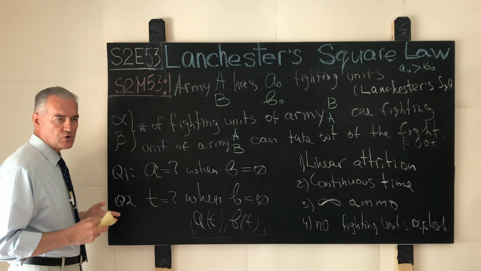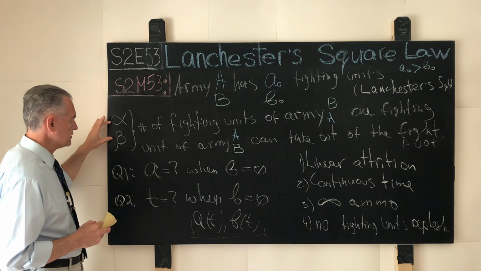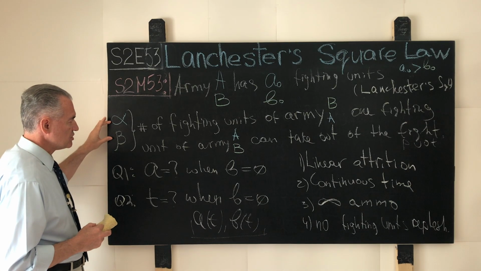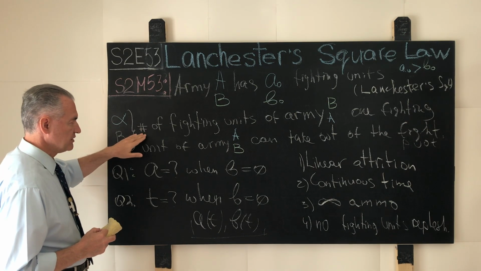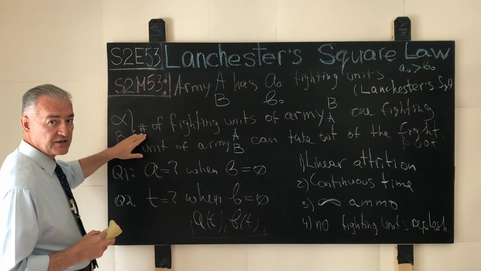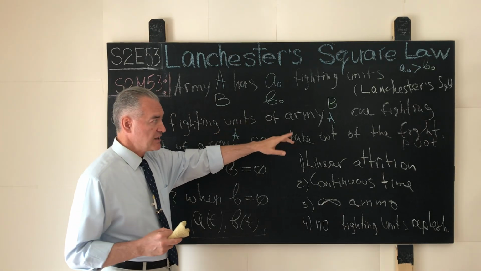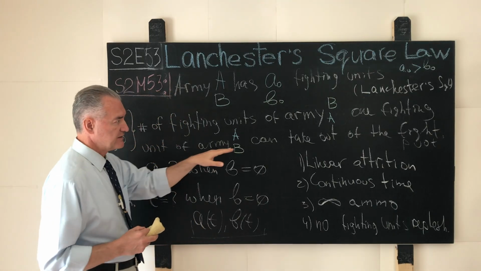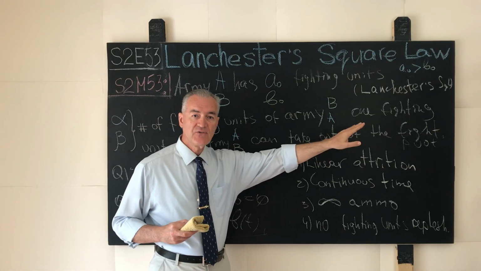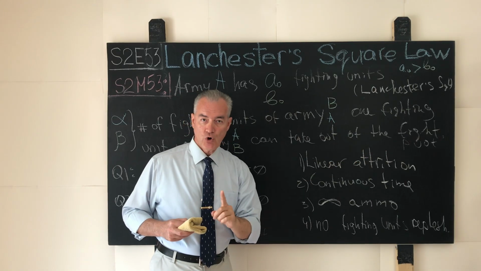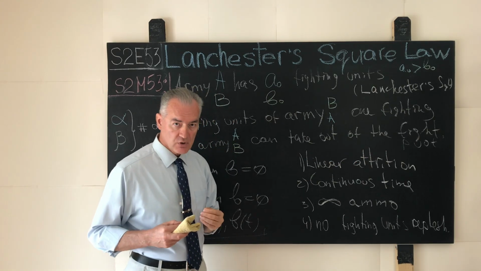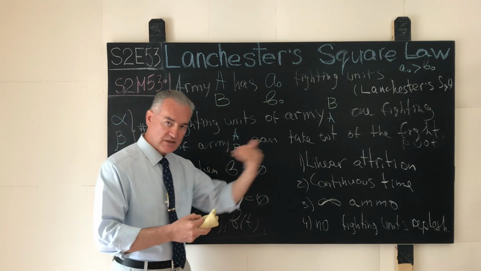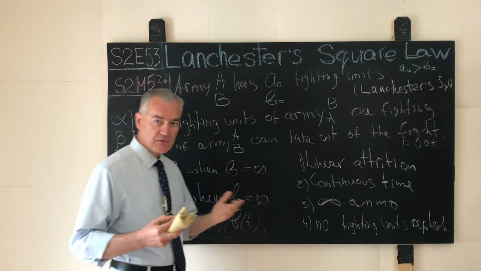I think it is more appropriate to call these numbers lethal skill, because by definition such a skill is translated into the number of the fighting units of the opposing army that one fighting unit of the original army can take out of the fight, out of the battle, per unit of time, before evidently perhaps that unit is taken out of rotation by the opponent army to begin with.